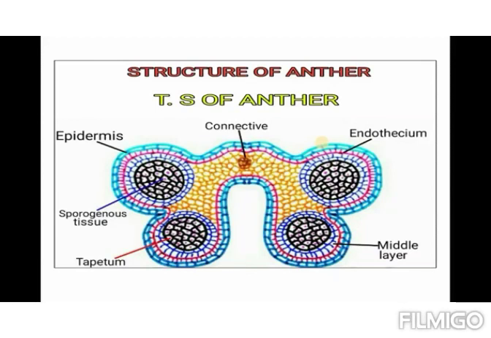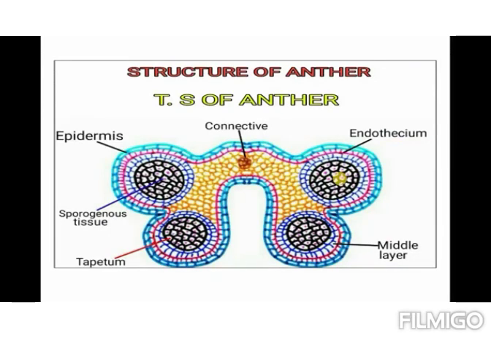Each stamen has two parts, the anther and the filament. This anther can be of two types, monothecous and dithecous. Monothecous, if one lobe is there in the anther.